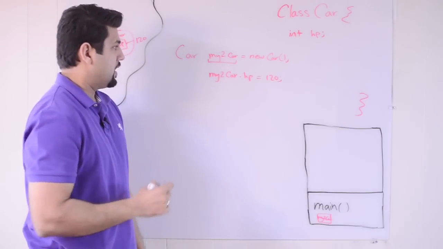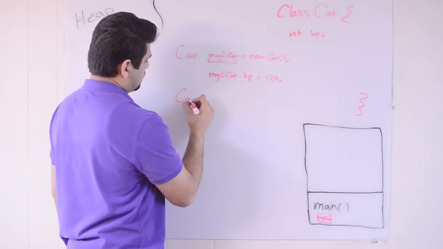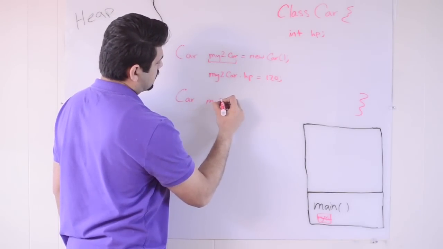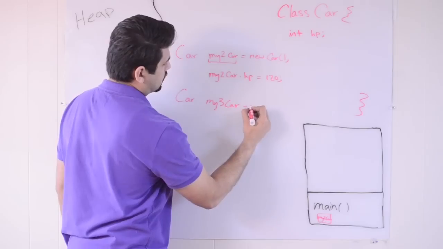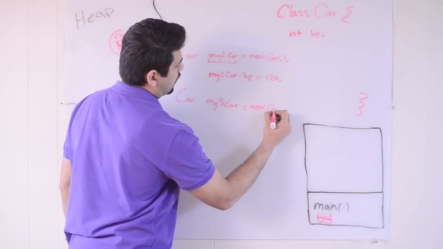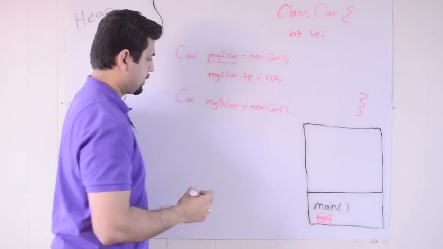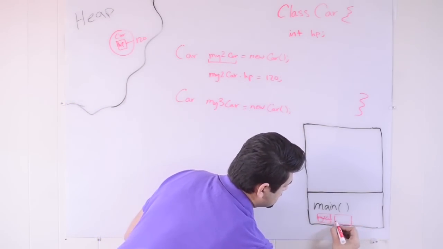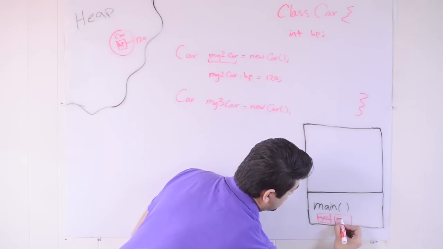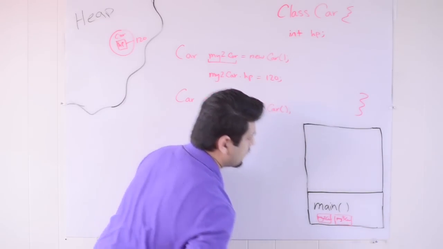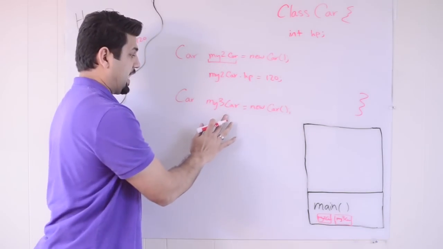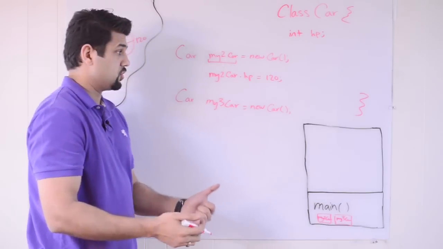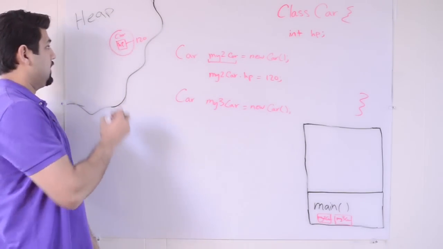All right. Now let's create another instance. We could do car my3car is equal to new car. At this point, a variable is created here in the stack frame, my3car. This variable is going to contain the address, of course, of where this object is created in the heap, right?